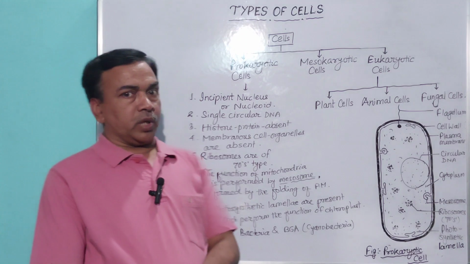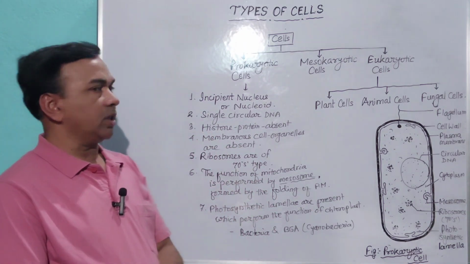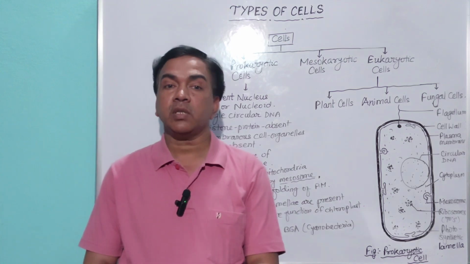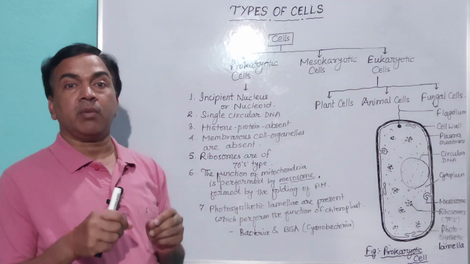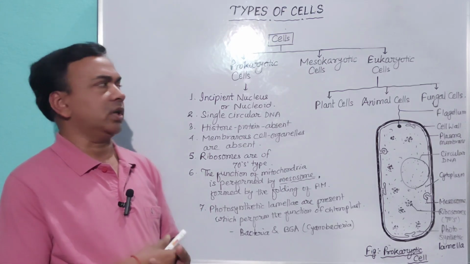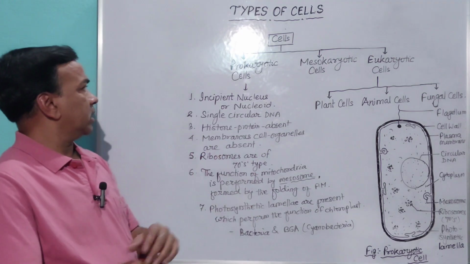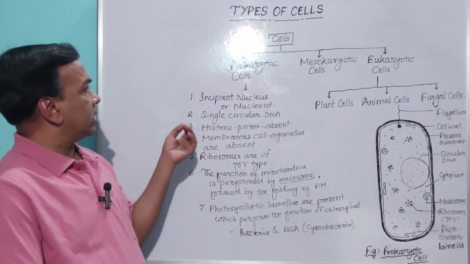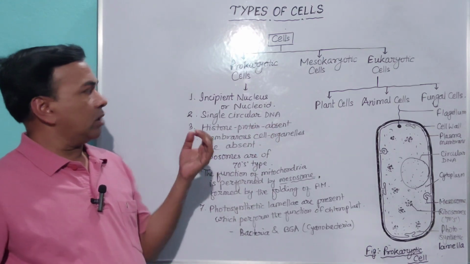So what is a prokaryotic cell? Pro means primitive and karyon means nucleus. Prokaryotic means cells having a primitive type of nucleus. The first character of prokaryotic cells is that they have an incipient nucleus called nucleoid.